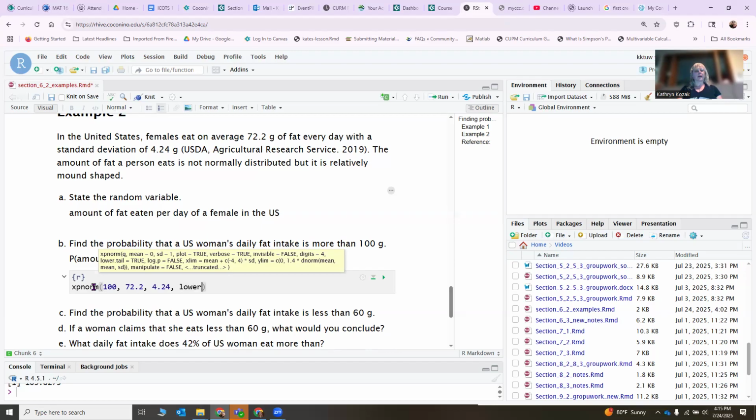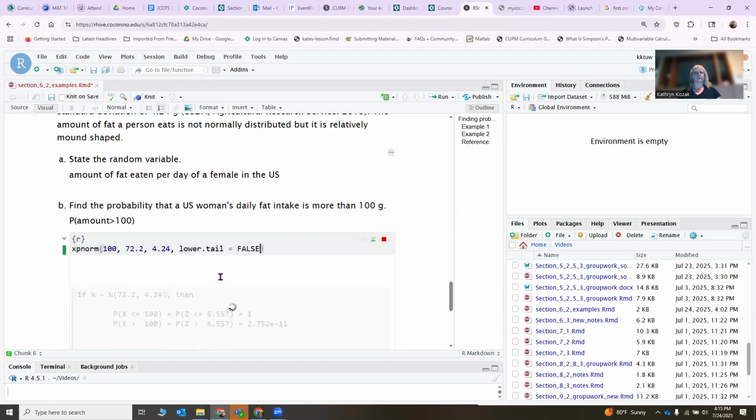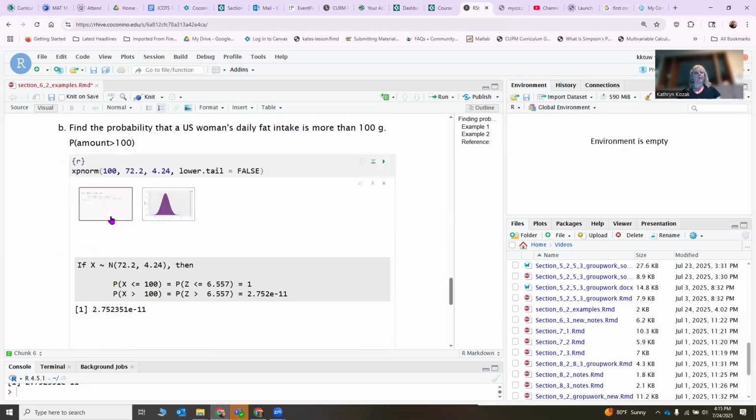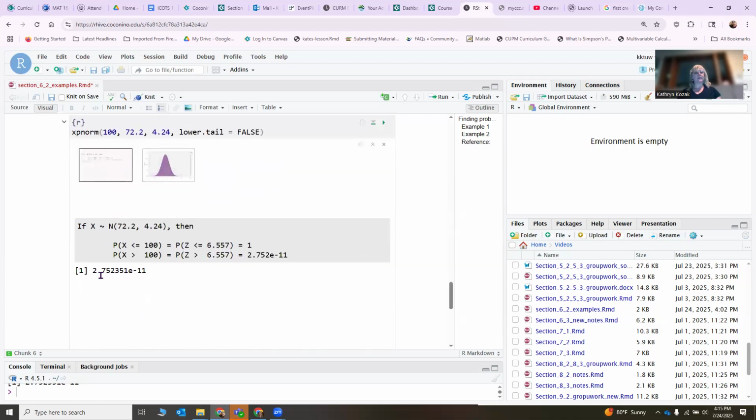And my lower dot tail is false because we're more than, so we're on the upper end. We're not down here in the lower tail. We're greater than, so we're up here on the upper tail. Notice my upper tail is shaded, though you can't really see the shading because it's so small. And if you want to find the probability, that probability is really, really small. So this is 2.75 times 10 to the negative 11th. Really small number.